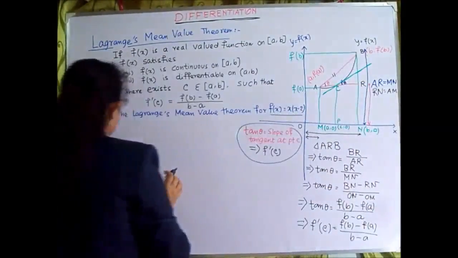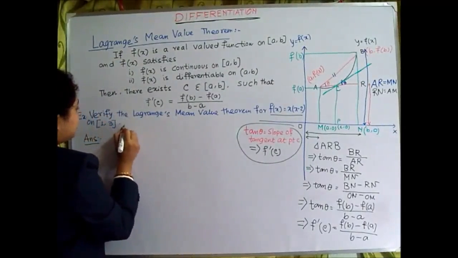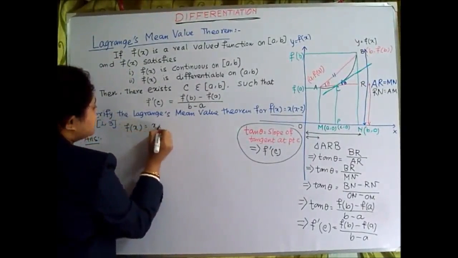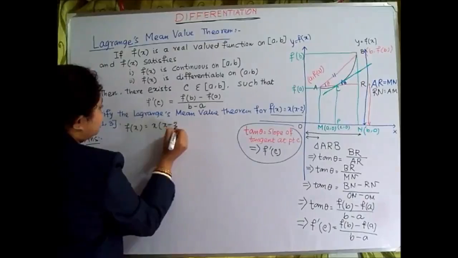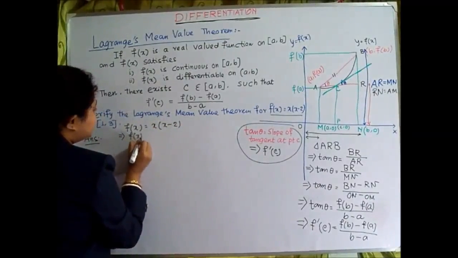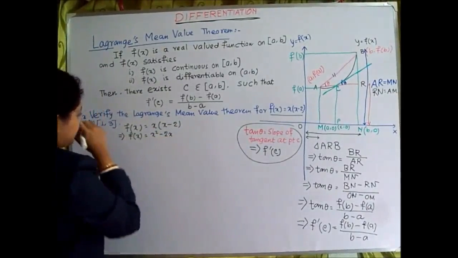Now to solve this problem, what we can do? First we say that Fx is equal to x into x minus 2. So Fx is equal to x square minus 2x.